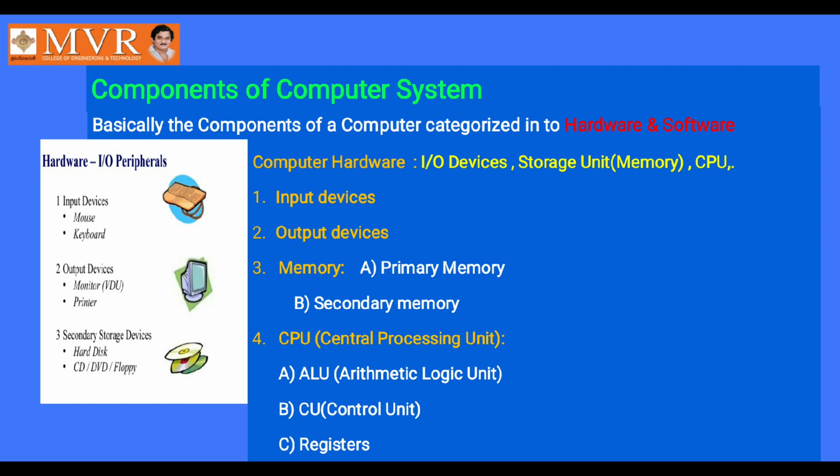Here they are named as IO devices, storage unit, CPU. So computer hardware provides the physical mechanism. Repeating, physical mechanism is hardware. Remember, logical mechanism is software. These two terminologies you remember.